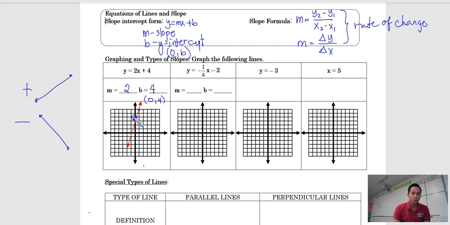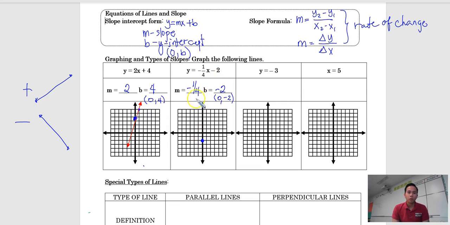All right. The next example that we have is where the slope is negative 1/4, and your b is negative 2. Again, the y-intercept here is (0, -2). So that's the first thing that you have to graph. So 0, 1 and 2. So this is negative 2.